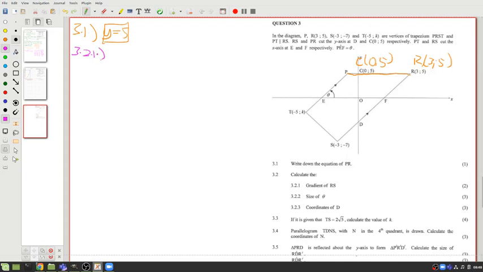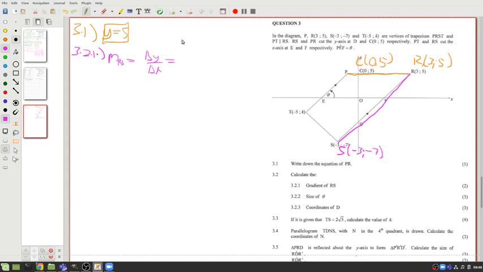Alright, let's look at question 3.2. 3.2 is split into a couple of questions. So we'll start with 3.2.1. We're asked to calculate the gradient of RS. And here we go. This is RS, this line here. And we have our coordinates for S as (-3, -7), and R we already know is (3, 5). So all we do is we know the gradient of our line RS is the change in the Y values divided by the change in the X values.